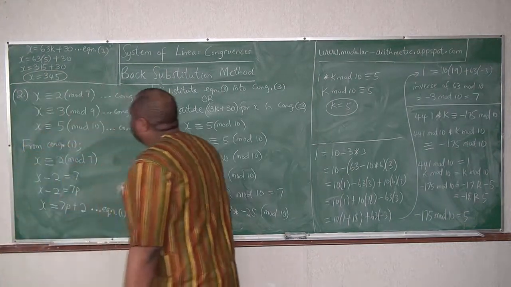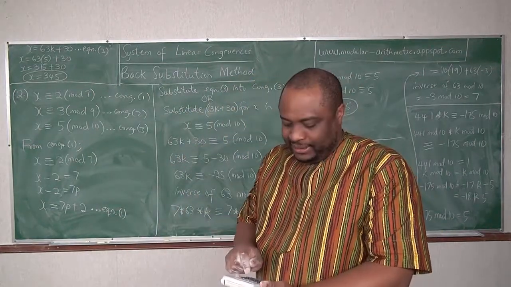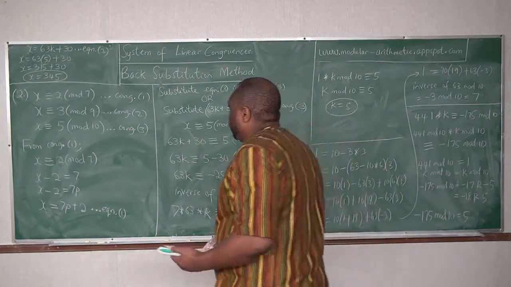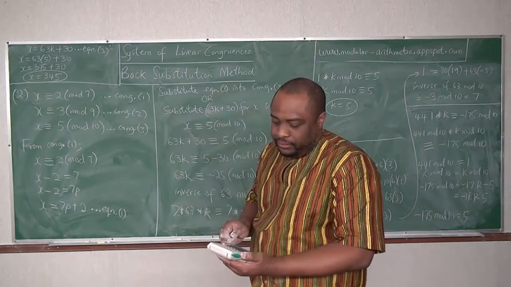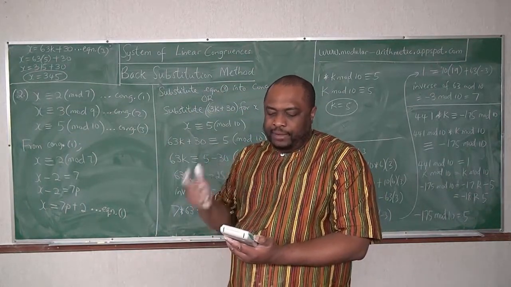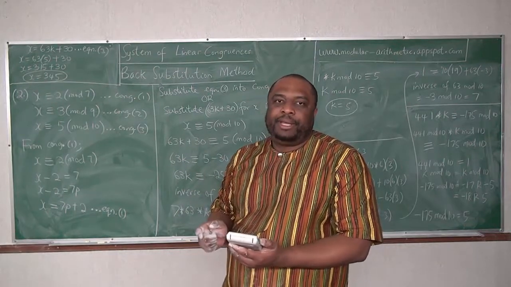Okay, so let us check it. 345 divided by 7. We want to check to make sure everything works. 345 divided by 7, 49 point something. 49 times 7, 343.